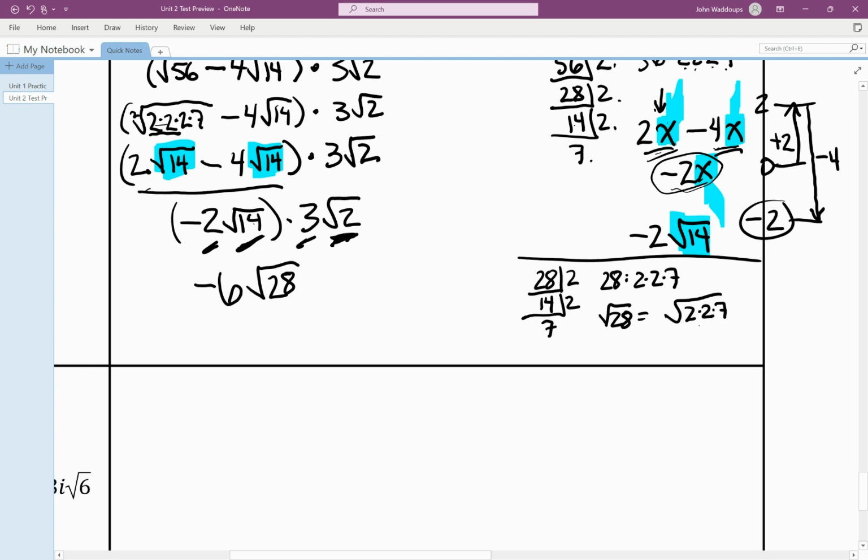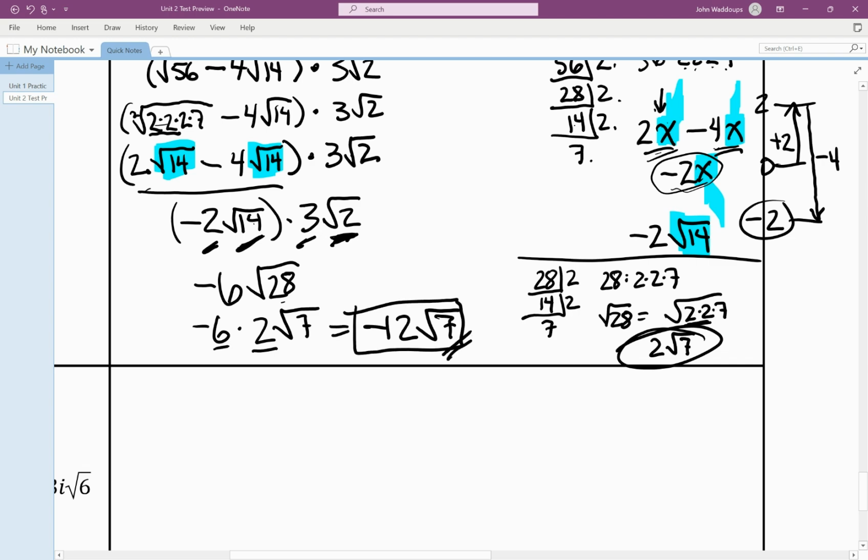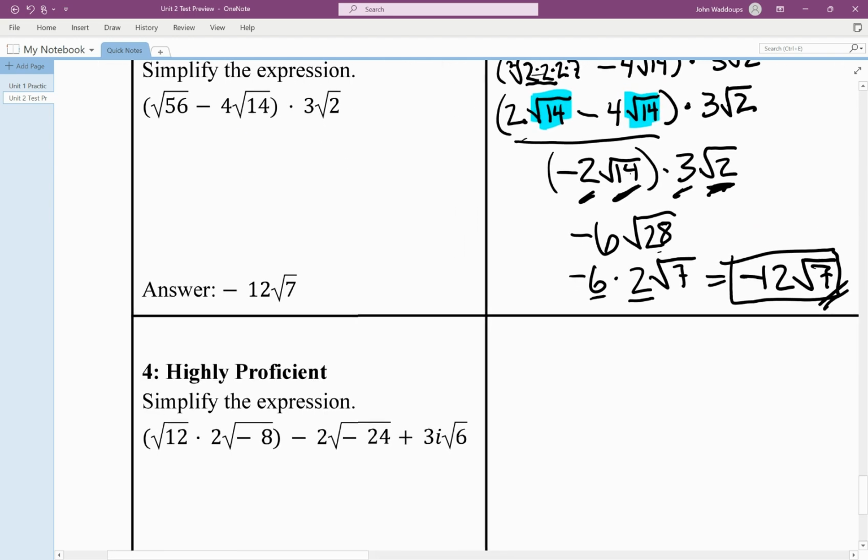I've got the two 2's, which are going to come out as a 2, so 2 square root of 7. So I've got negative 6 times 2 square root of 7. And then these two can get multiplied again. So I've got negative 12 square root of 7, and that is our answer.